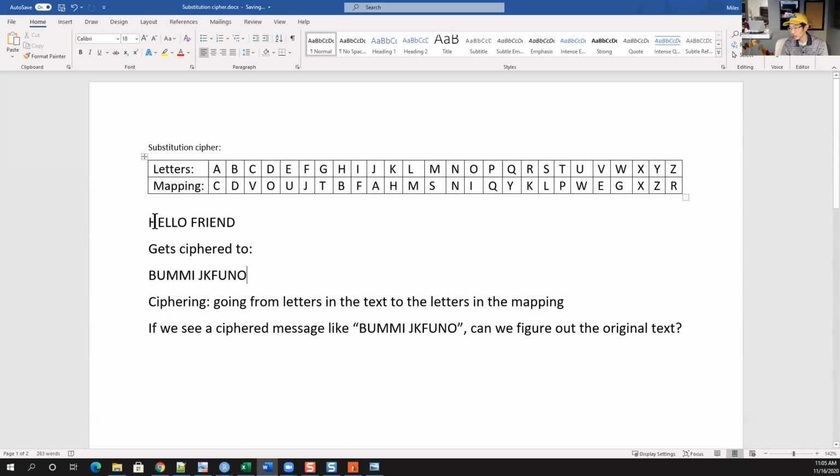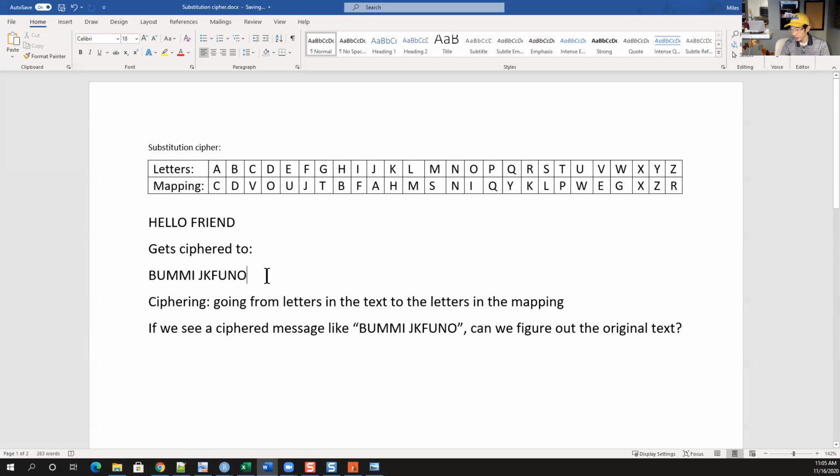We're just saying, okay, H becomes B, E becomes U, L becomes M, O becomes an I, and so on and so forth. And then to decipher, you'd look up the mapping and then try to translate it.